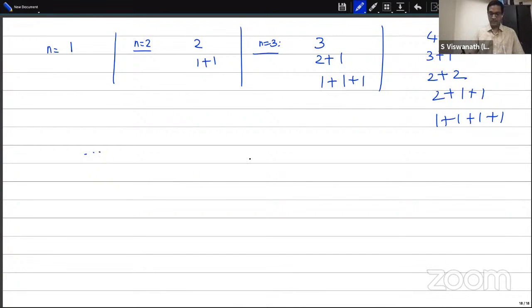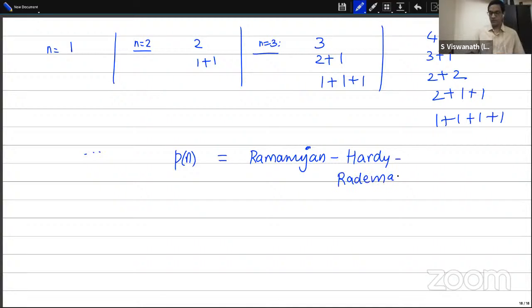But again, this is work of Ramanujan, who studied this intensively, and there is actually an exact formula even for this number P of n. Not a very easy to state formula, but this is what's called the Hardy-Ramanujan-Rademacher formula for the total number of partitions.